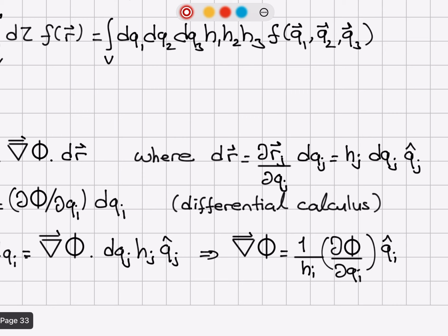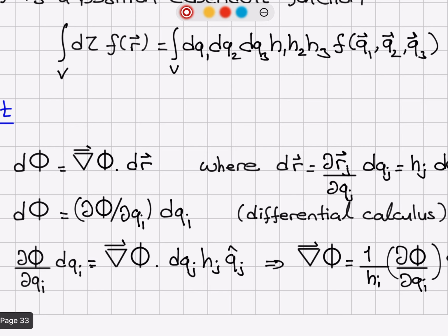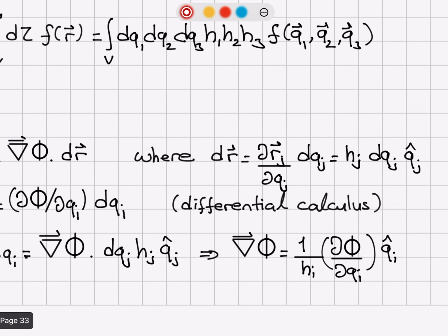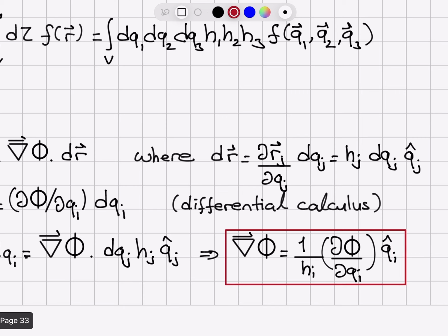So once again, when I take the dot product, qi hat dot qj hat gives me delta ij. So this I will turn into j, hj's will cancel, and I will have del phi del qj dqj, which is going to be equal to d phi. Or we can substitute i for j, it's the same thing. So we have reached the final answer for the gradient of a scalar field written in curvilinear coordinates.